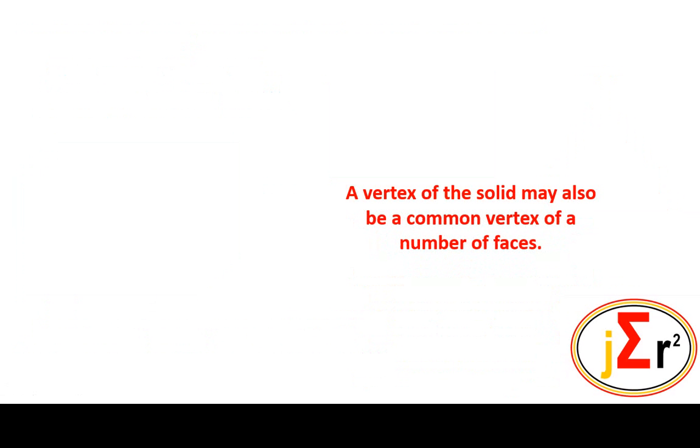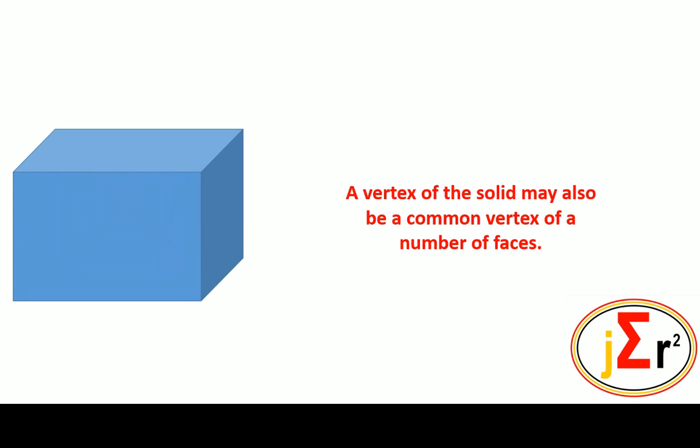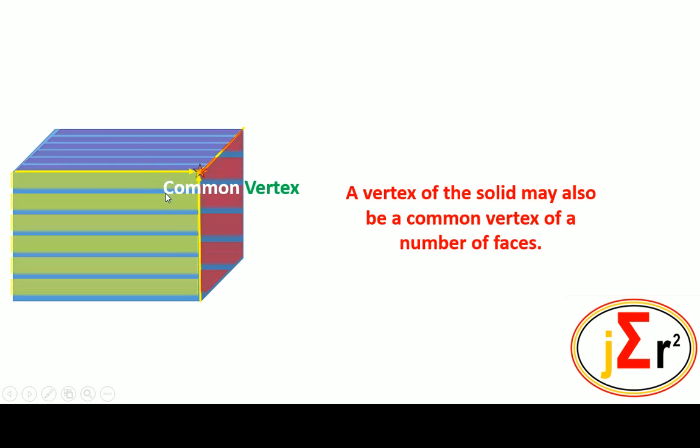A vertex of the solid may also be a common vertex of a number of faces. So there is the vertex, and we are saying that that vertex is a common vertex of all of these faces. This face, and this face. So a vertex of the solid is a common vertex of faces of the solid.